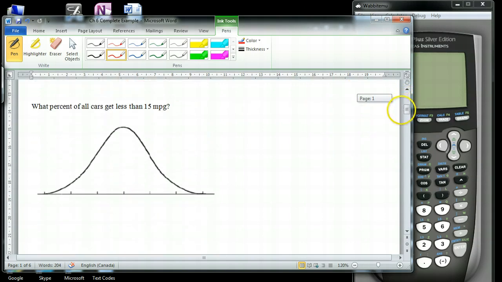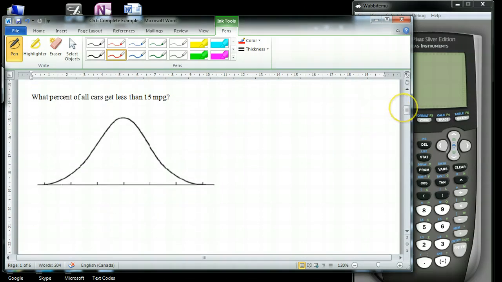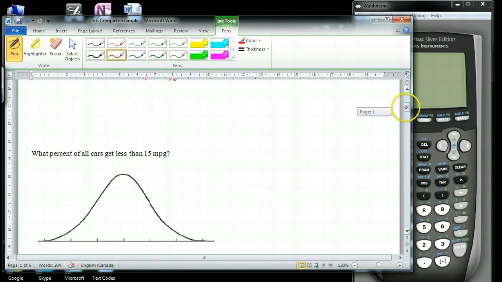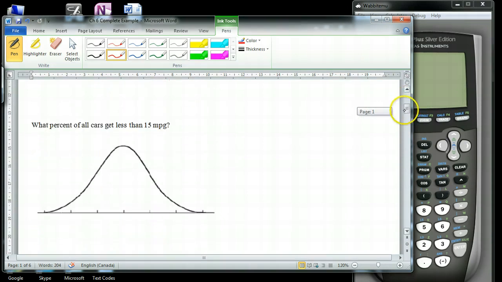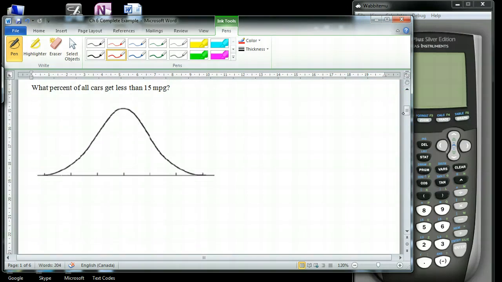What percent of all cars get less than 15 miles per gallon? Let me first label this again. Always start with a diagram. 24 is my mean value, and I'm looking to find out where 15 is.